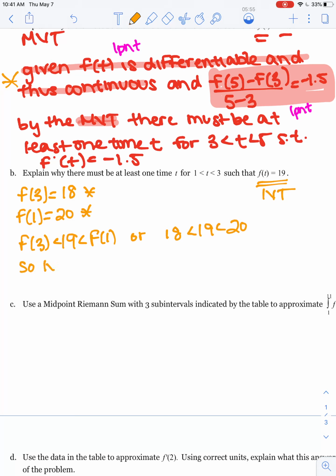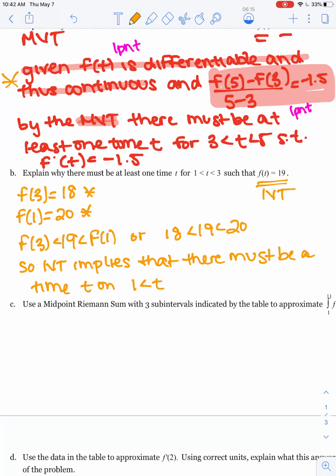So then we can say the intermediate value theorem implies that there must be a time t on the interval 1 less than t less than 3 such that f of t equals 19.